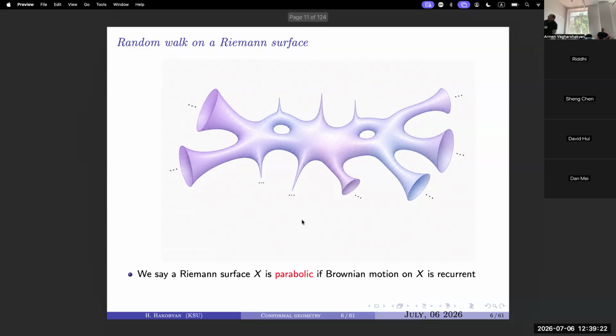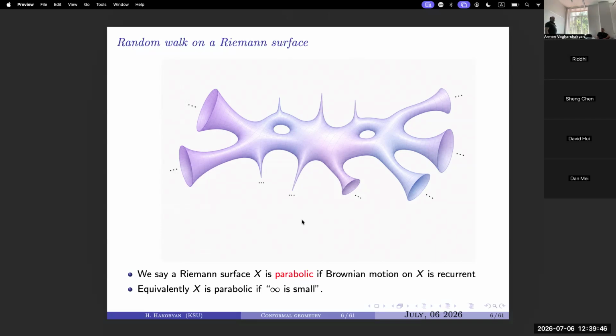And then the complex analysis jargon says we say a Riemann surface is parabolic if Brownian motion, which is the same thing as random walk on a very tiny grid, is recurrent. That means the boundary is small. Equivalently, X is parabolic if infinity is small.